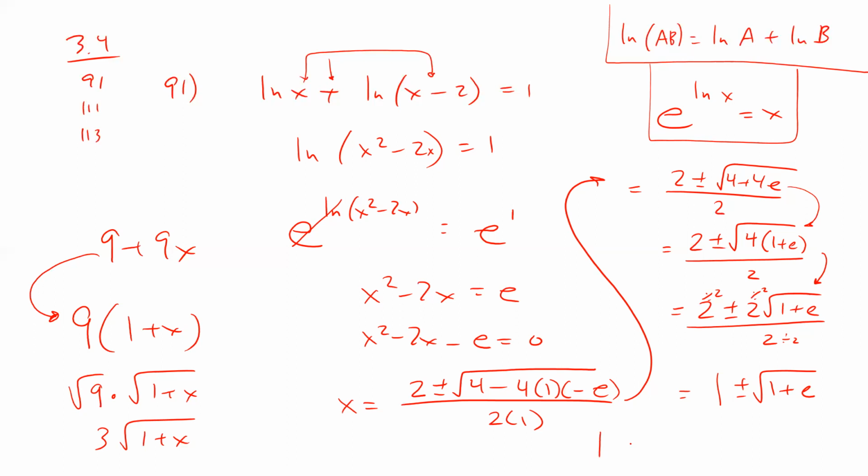That ln of x plus ln of x minus 2 equals 1. We're not checking whether we have the correct answer. We are checking to make sure the arguments are positive, whenever we take ln functions. Remember ln functions from our graph?